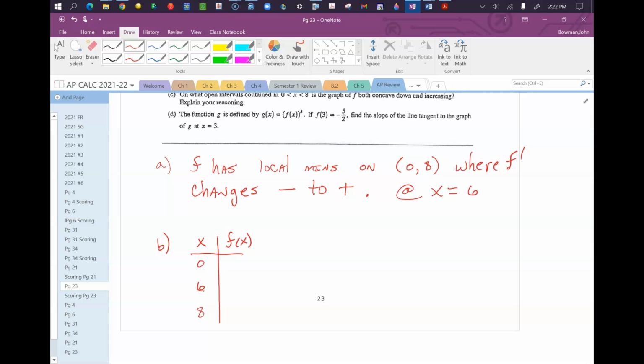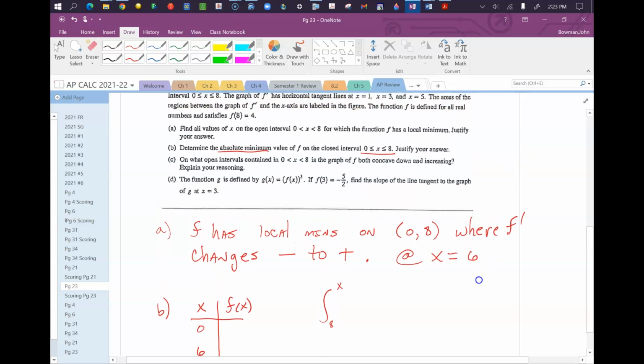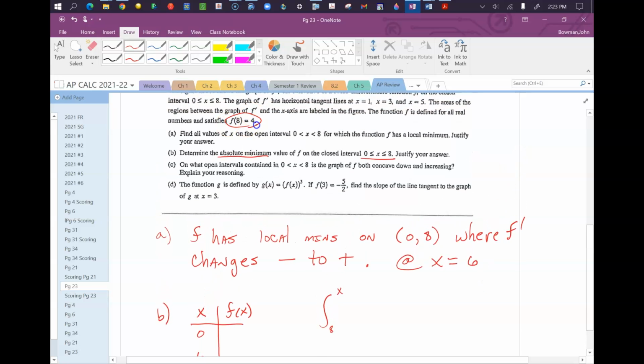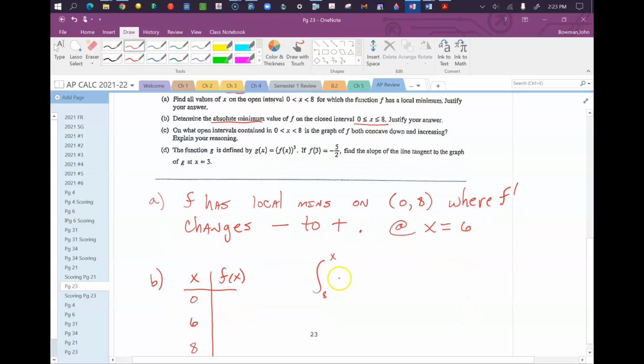So now we have to evaluate the function f at all of those values. Here's where the fundamental theorem comes in. We know that the integral from 8 to x, and the reason I picked 8 is because we know f of 8 is 4, of f prime of t dt is equal to f of x minus f of 8.